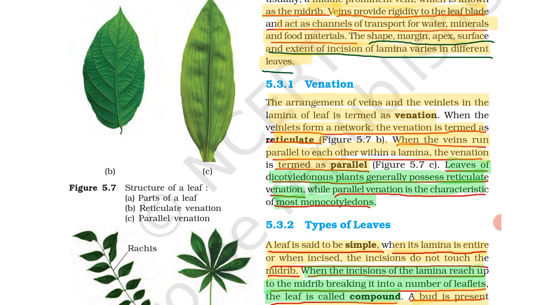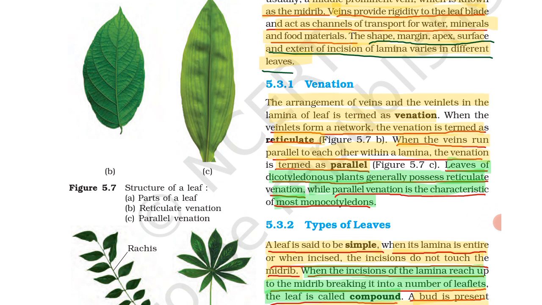Leaves of dicotyledonous plants generally possess reticulate venation, while parallel venation is the characteristic of most of the monocotyledons. So in dicotyledonous plants, they show reticulate venation. Reticulate venation means what? Veinlets form a network, and hence it is called reticulate venation.